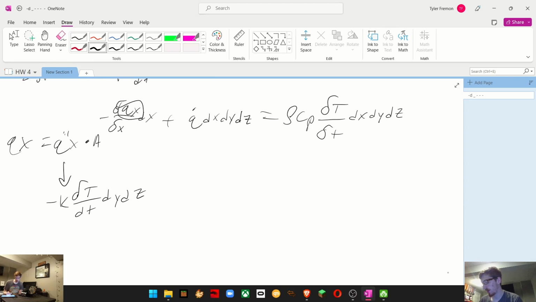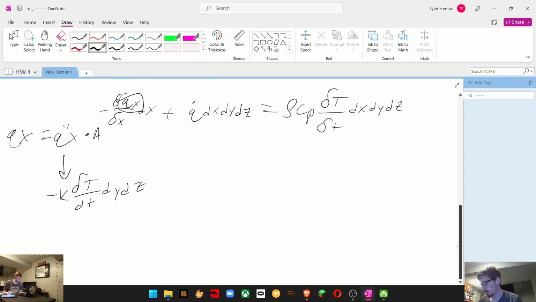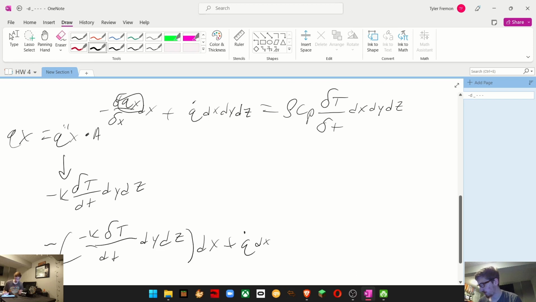So all we have to do is plug that in up here, and we're going to be left with negative k dT over dx dy dz, and then we can't forget the dx, plus q dot dx dy dz is equal to rho c_p dT over time dx dy dz.